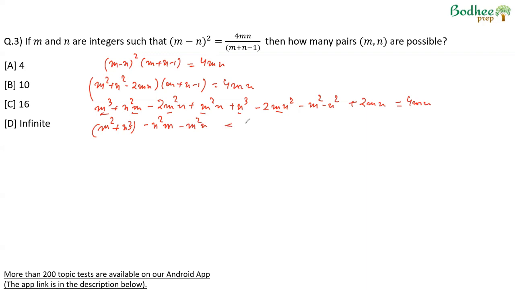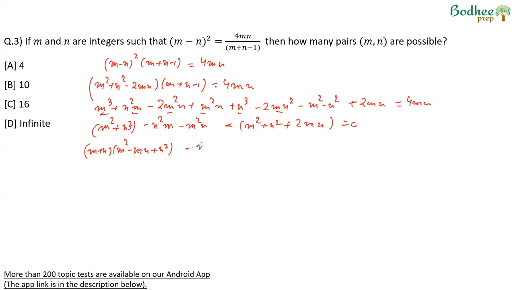From here we get minus of (m square plus n square plus 2mn). On the right hand side, this will become minus 4mn. Therefore, plus 2mn is equal to 0. m cube plus n cube can be written as (m plus n) into (m square minus mn plus n square).